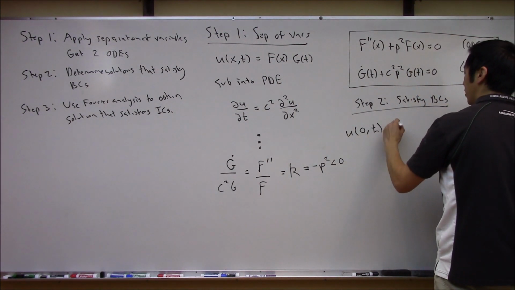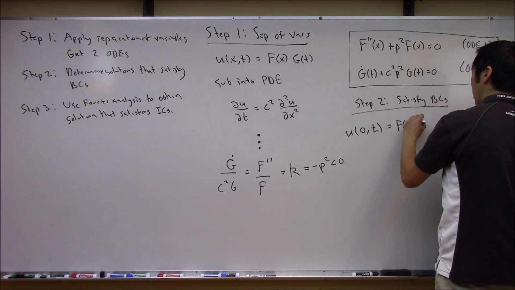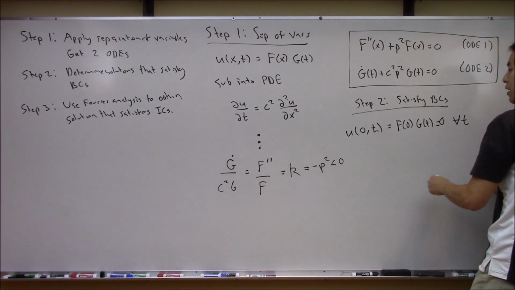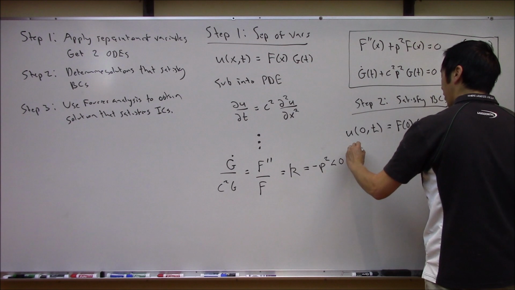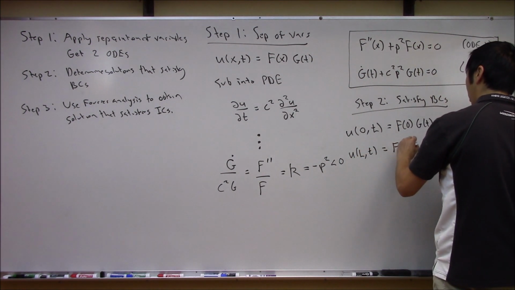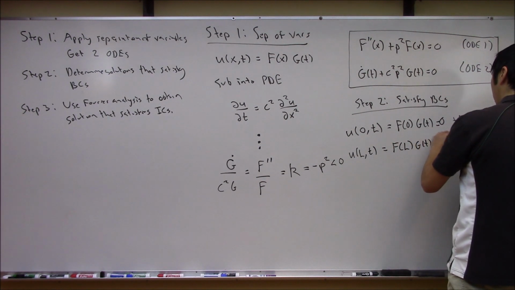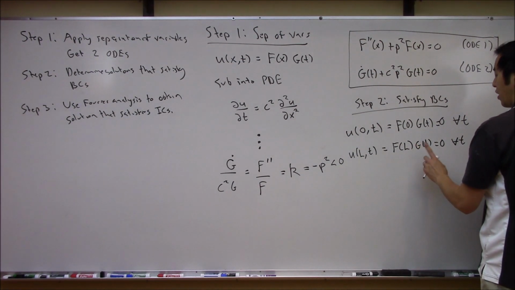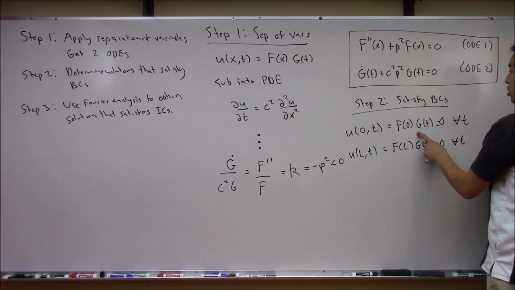If you plug this in, we see that f of 0 times g of t had better equal 0 for all t here, right? And similarly, on the right-hand side, u of L, t is going to see f of L times g of t has got to equal 0 for all t here, right? Okay, so let's use these conditions here and try to solve.